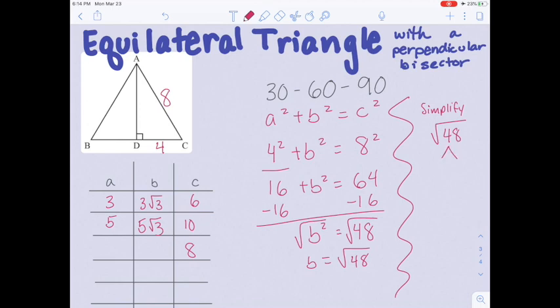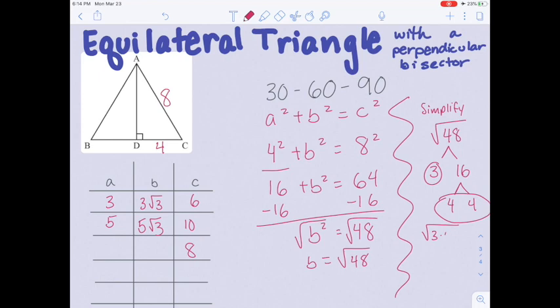Then we're going to simplify. Now, you can try to simplify it however you like. You can totally break it up into 4 and 12, but I'm always going to be trying to see if there's a perfect square that divides out. I know that 3 and 16 also go into 48, and 16 is a perfect square of 4 and 4. Since there's a pair already, we don't need to continue the tree because they're already going to get taken out together.